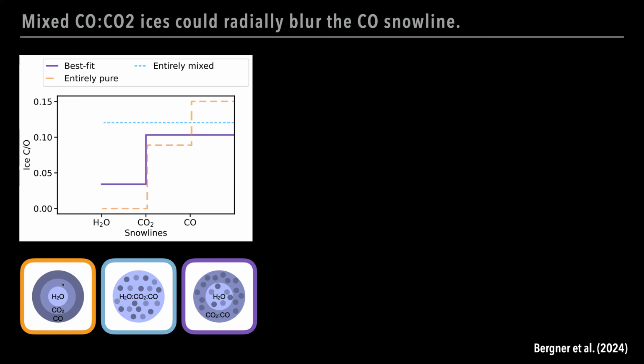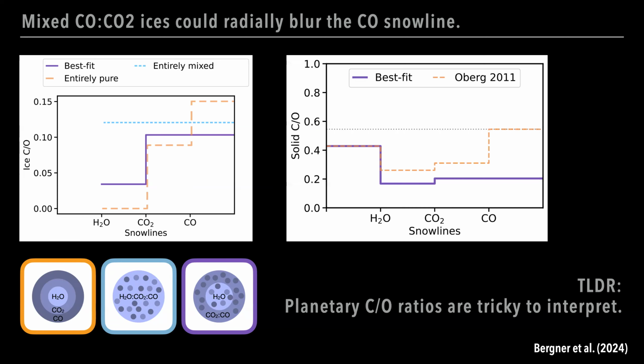And if you have an entirely layered or pure ice composition, then you would get this sort of step feature for these different snow lines. So our best fit that she was able to get is this one in the center in purple, where it's a little bit of both. You do still have some snow lines, but it's just not quite as strong as it was before.